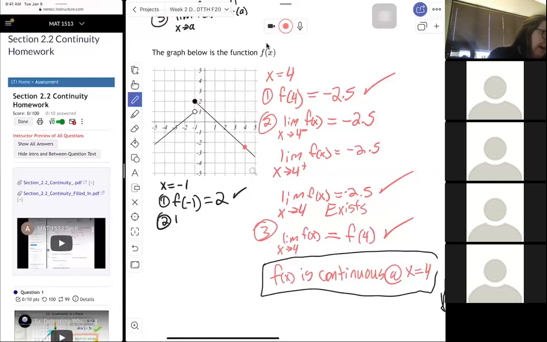Okay, now let me write it down formally, and then I want to talk about the fact that I just called that the second condition. Okay, from the left we come into 1.